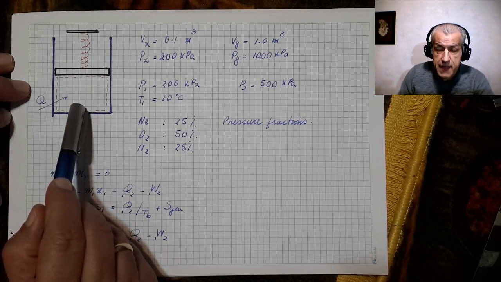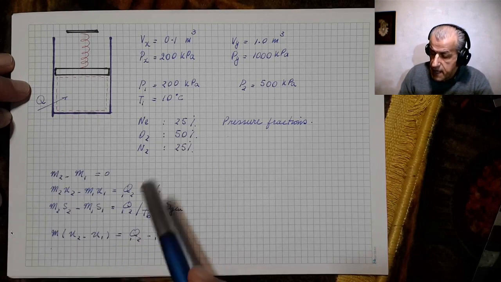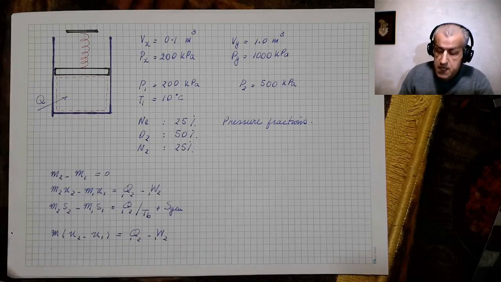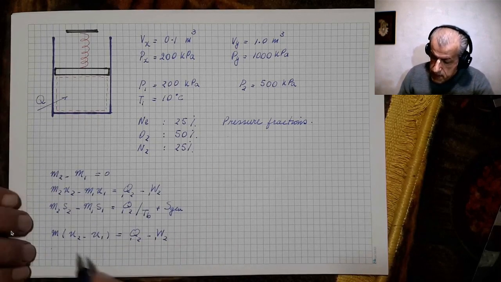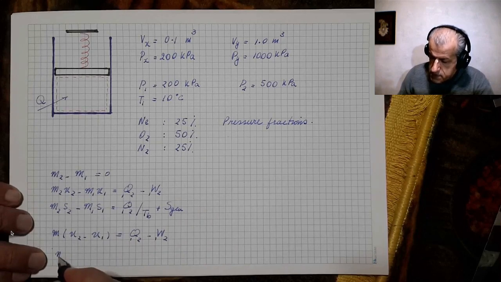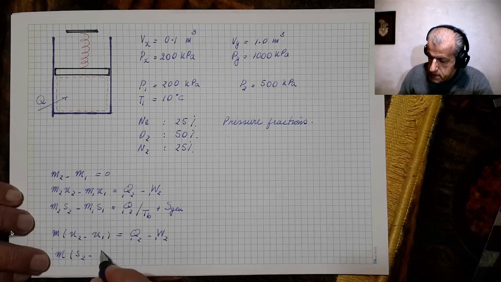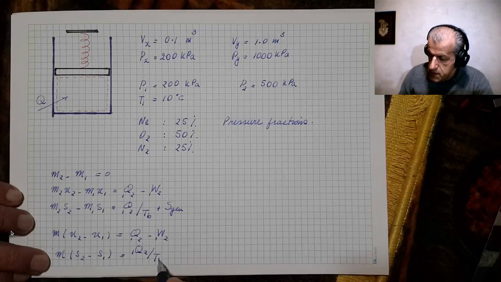It's not adiabatic, it is reversible, and therefore Sgen is zero. Therefore, the second law would simplify to m times (s2 minus s1) equals Q12 over TB.